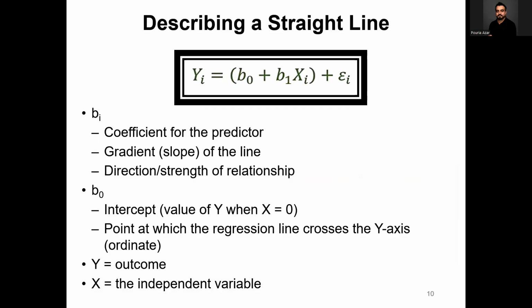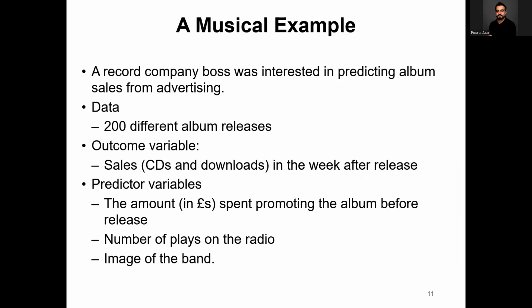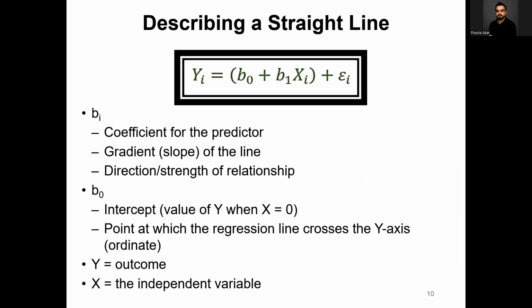It's the point at which the regression line crosses the y-axis. This equation is a simple linear regression model. Whenever we show our regression line or regression equation for a simple linear regression, that would be our equation.